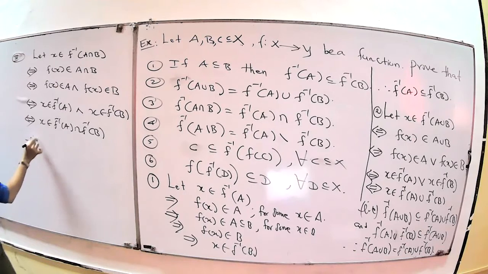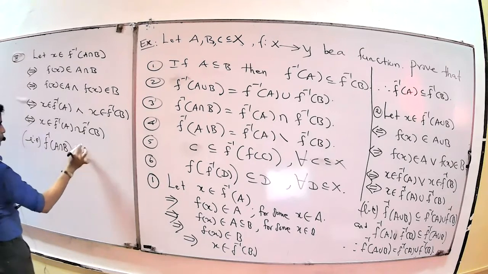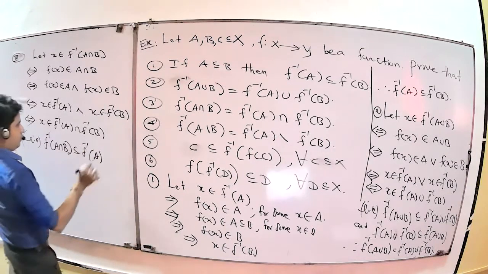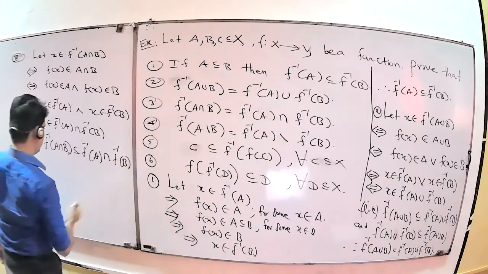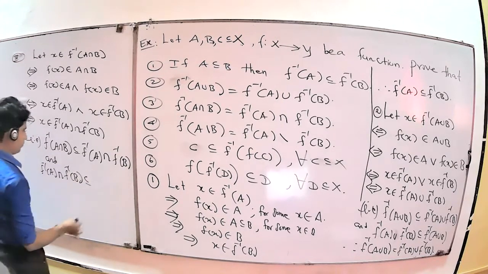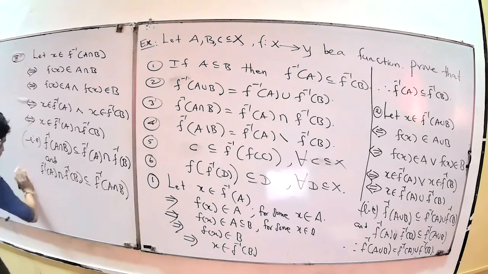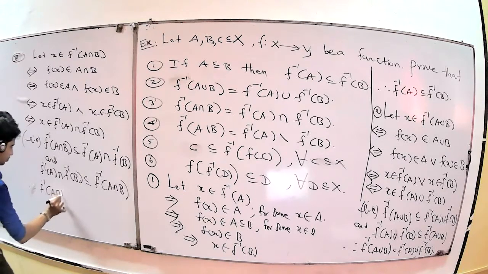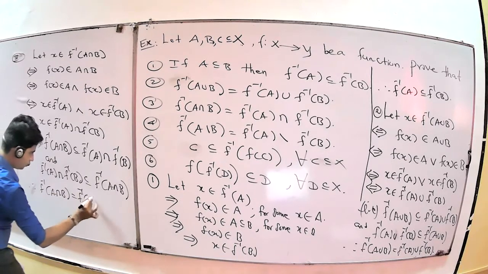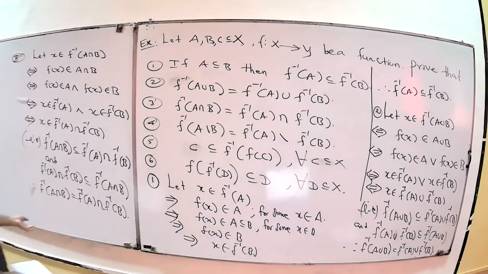That is, first this one, f inverse of (A intersection B) is a subset of f inverse A intersection f inverse of B, and f inverse of A intersection f inverse of B is a subset of f inverse of (A intersection B). From both of these you will write, therefore, f inverse of (A intersection B) equals f inverse of A intersection f inverse of B. Okay, it is your third part.